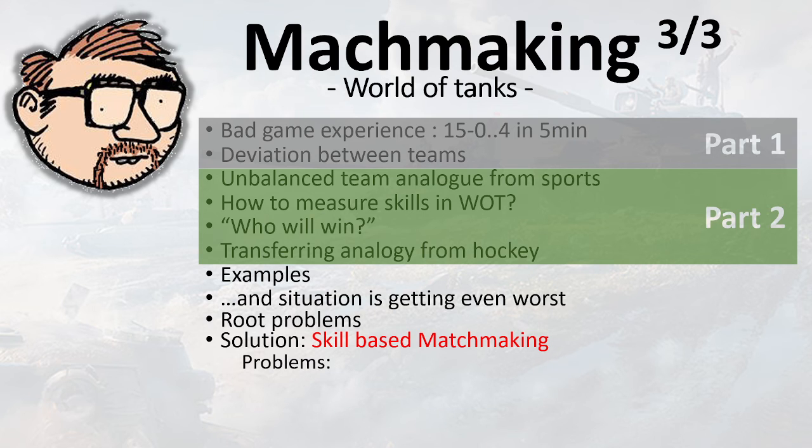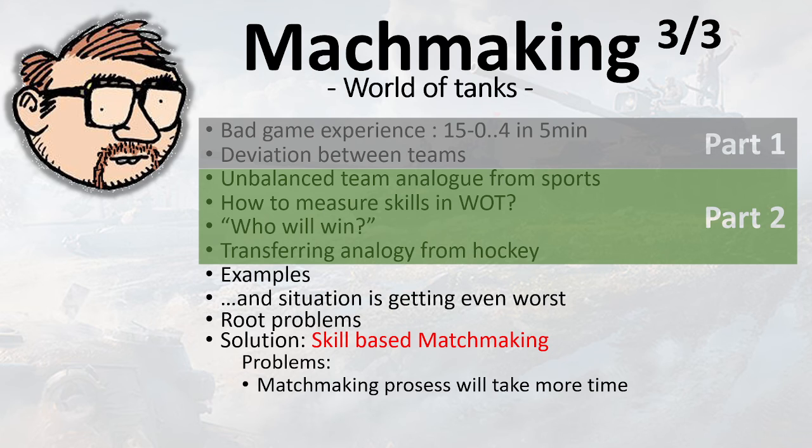Of course, this has some kind of problems. First one is that matchmaking is going to take lots more time. Now, fastest is, I guess, under 10 seconds to 50 seconds or something, less than a minute, depending on what tier and what tanks you have. But with this skill-based matchmaking, depending on the tier and the tank, it would take even, I guess, a couple of minutes to make that matchmaking process go through.